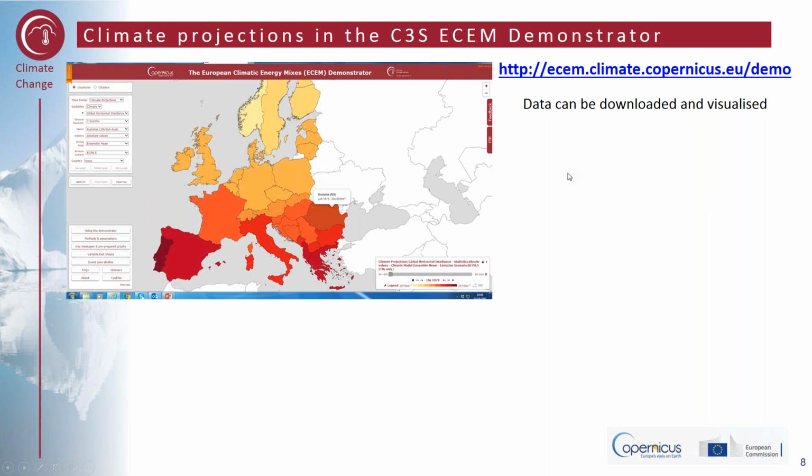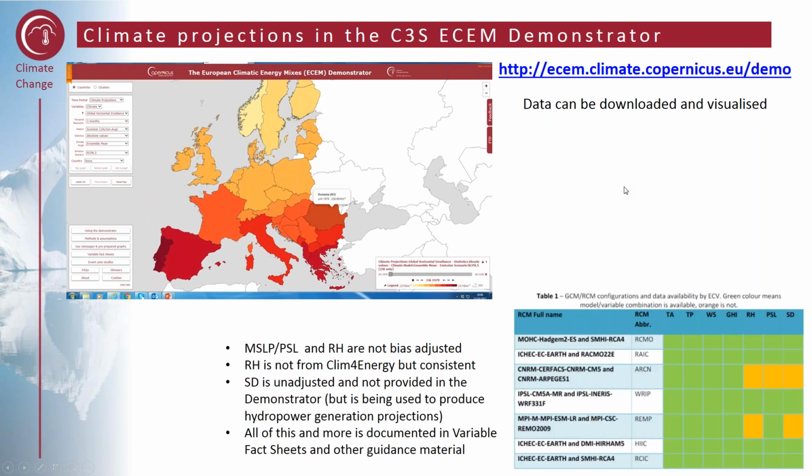Okay, so we took the climate projection data from CLIM for Energy, did a bit more processing to get it into country and cluster averages for inclusion in the demonstrator. And the demonstrator is an online tool that allows you to download and visualize climate data and energy data as well. So here's just a reminder of the variables that we looked at, the names of the 7 different models that we used, and an indication of the availability.